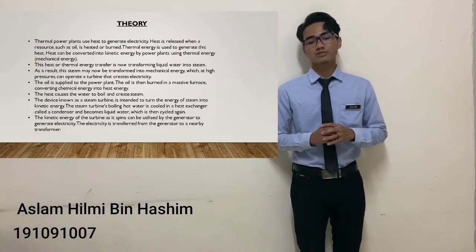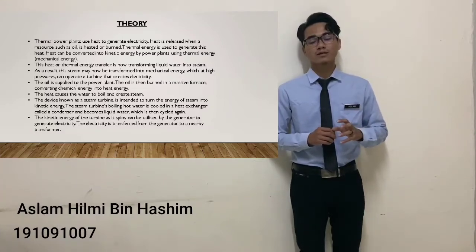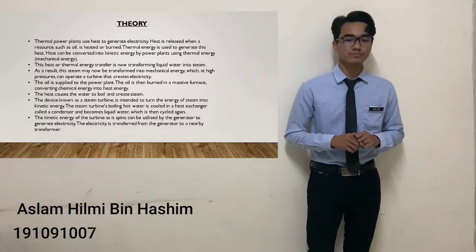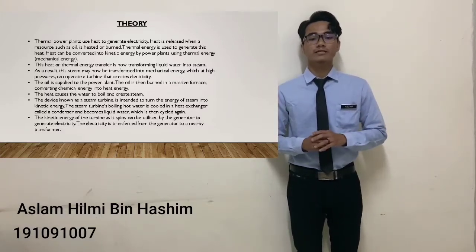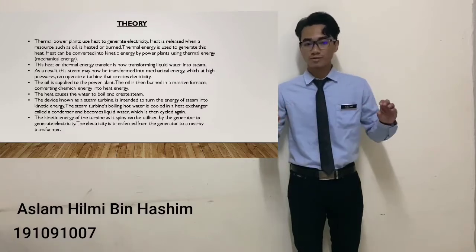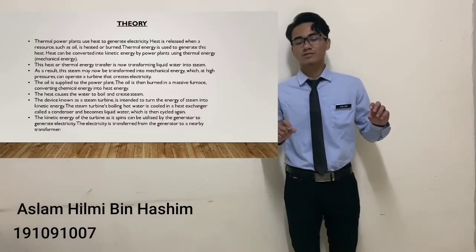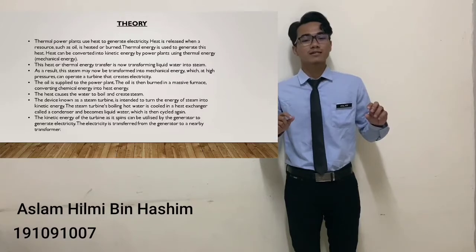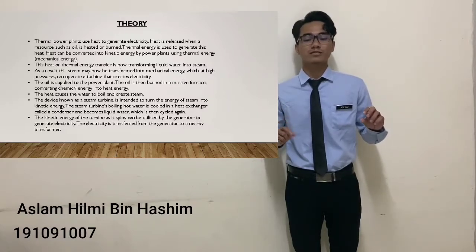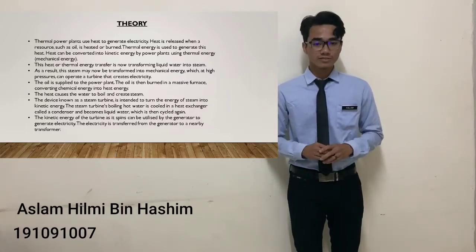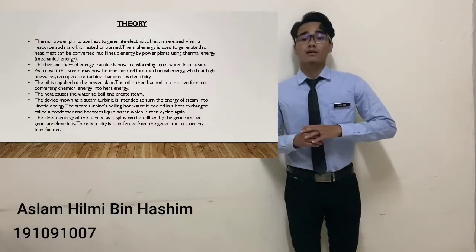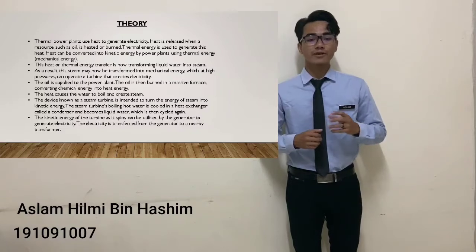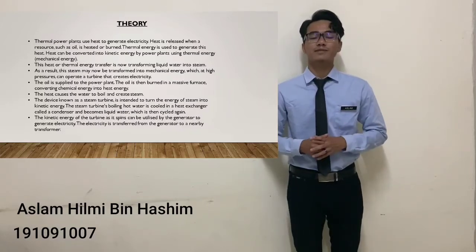The electricity is transferred from the generator to a nearby transformer. As a result, electricity loses some of its energy as it travels through the wire cable, although high voltage electricity loses less energy than low voltage electricity. The electricity generated at the plant is then stepped up or boosted to a very high voltage when it exits the plant.